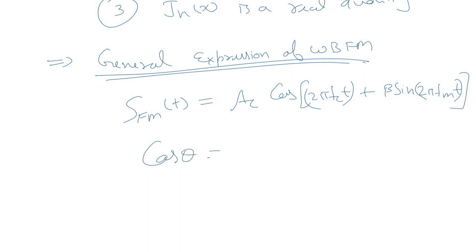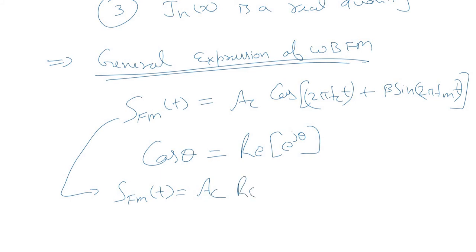Cos θ is nothing but the real part of e raised to power jθ, simple Euler's identity. So this expression can also be written as A_c into the real part of e raised to power j(2π f_c t + β sin(2π f_m t)).